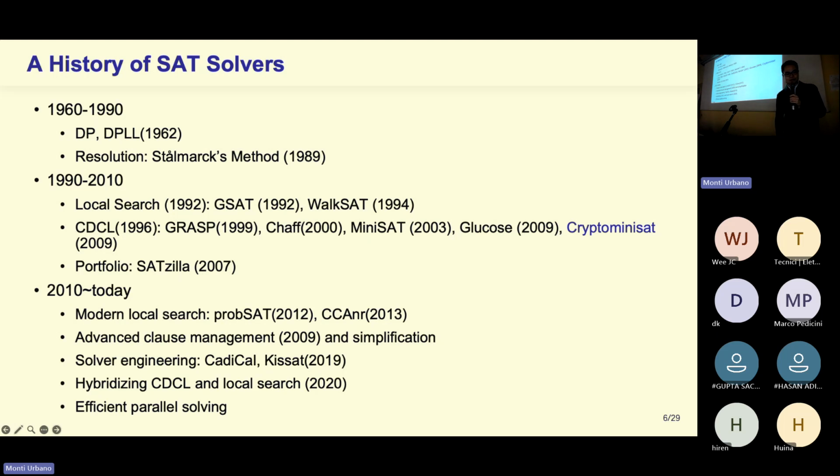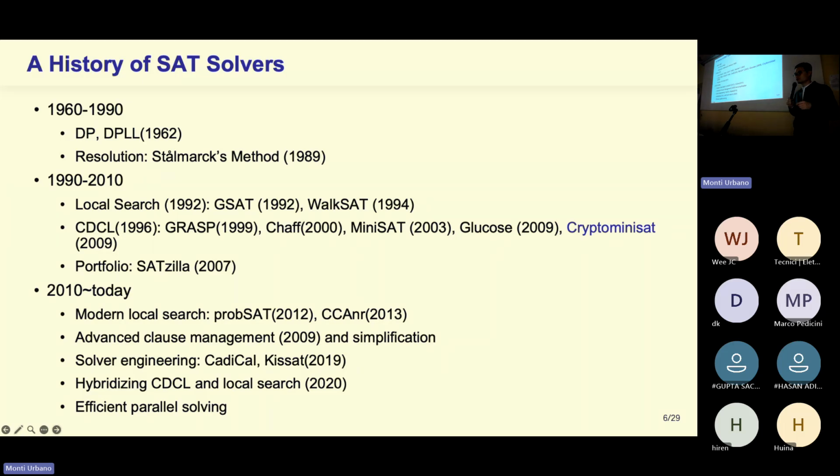And as for CDCL, a main idea is to propose advanced clause management, because during the process, CDCL solvers learn more and more clauses. So if the instance is very difficult, then you will learn many more clauses than expected in the memory. So that will be a failure.